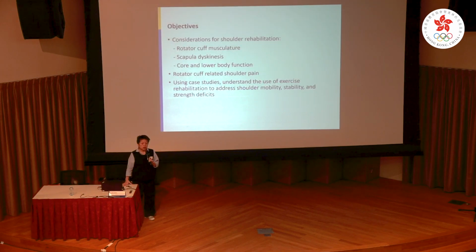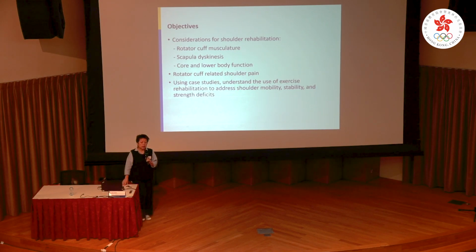Okay, so the objective of this lecture: I would like to first consider some of the anatomical considerations relating to shoulder injuries. For those who might not be so familiar, an introduction particularly on 3 areas. First, the rotator cuff musculature, to highlight the importance of what rotator cuff muscles do, because they are very small muscles, and why do we have to consider them so importantly?